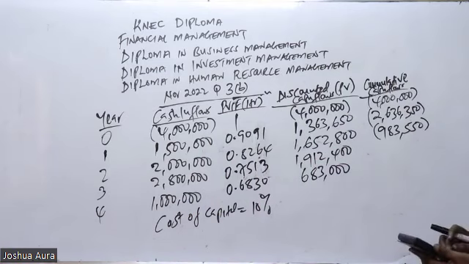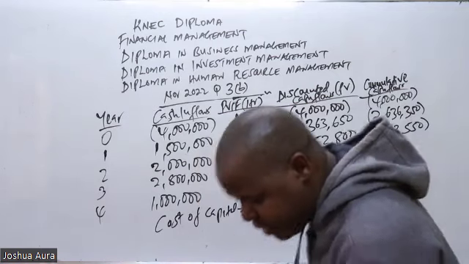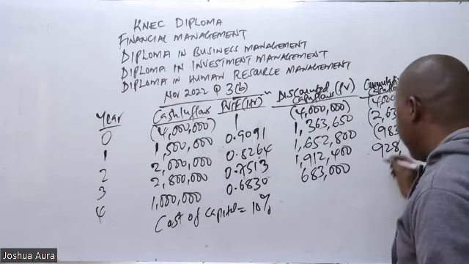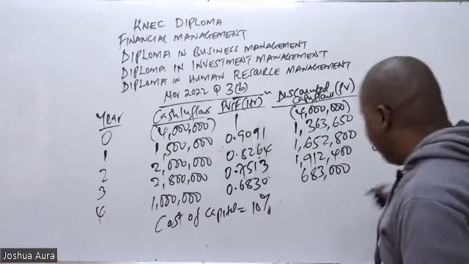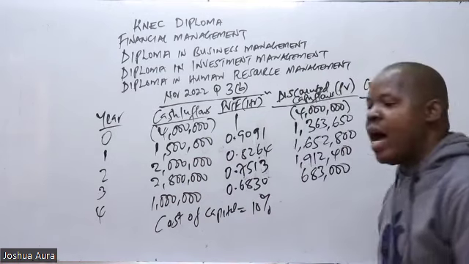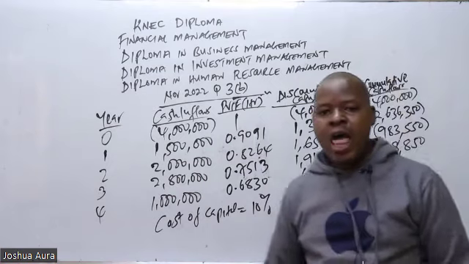What about the cumulative figure for year 3? It will be minus 983,550 plus the figure for year 3, which is 1,912,400. So we are getting a positive figure this round of 928,850. And what is the cumulative figure for the last year?